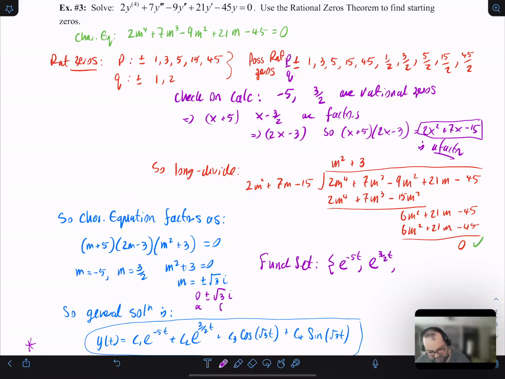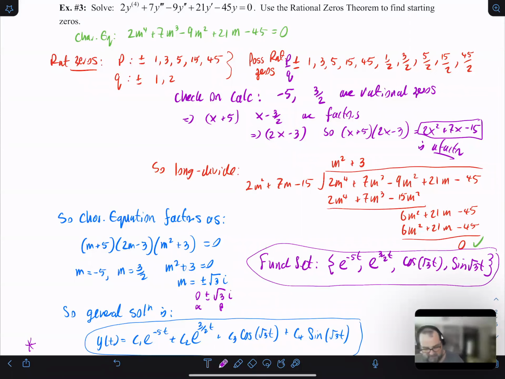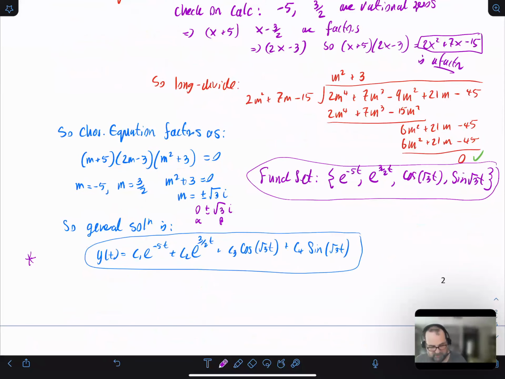That is my alpha, that is my beta. So this means we have a cosine root 3t and a sine root 3t. This would be our fundamental set of solutions, and we can form a general solution by making a linear combination of them. So that is basically what we are after.